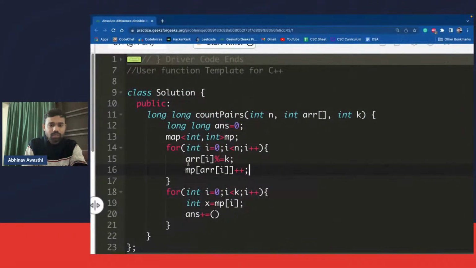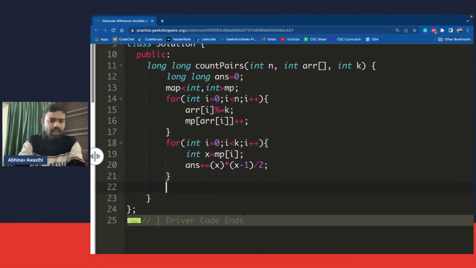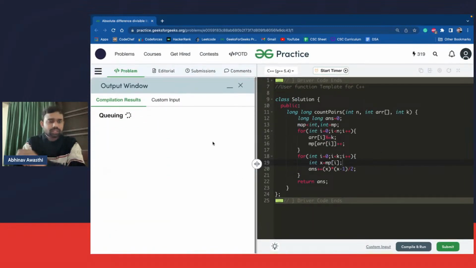That is what we are doing here. And then for each frequency, we will have x into x minus 1 divided by 2. Okay, and then I think we can return the answer. Hopefully it should be right. Let's see.